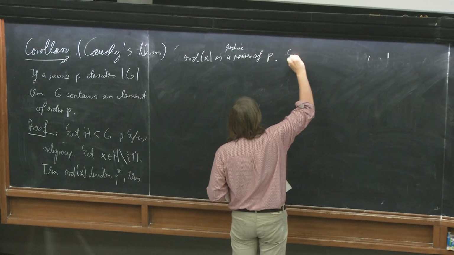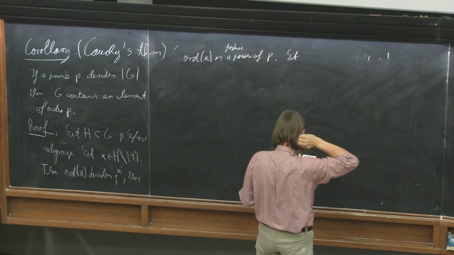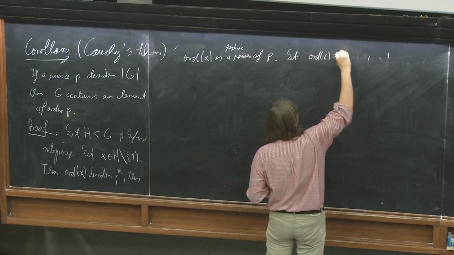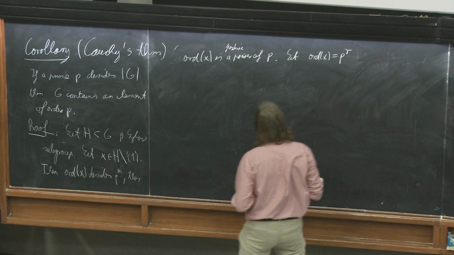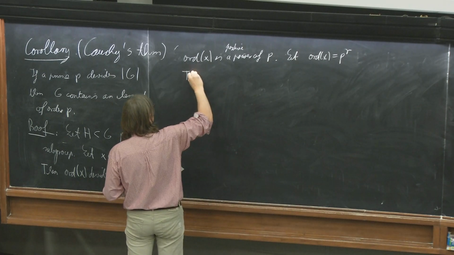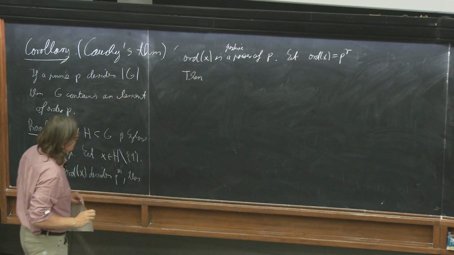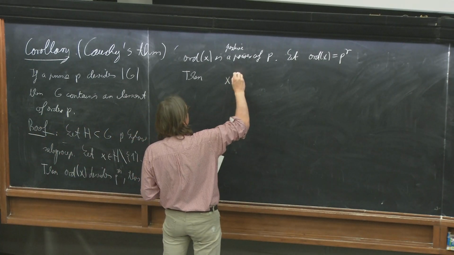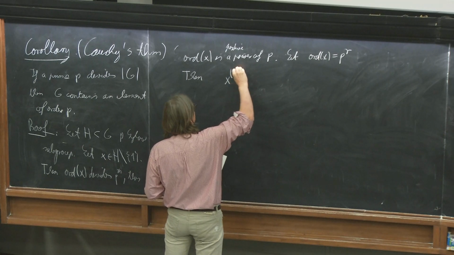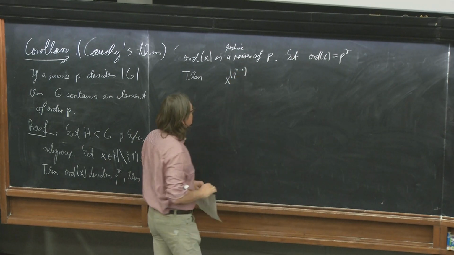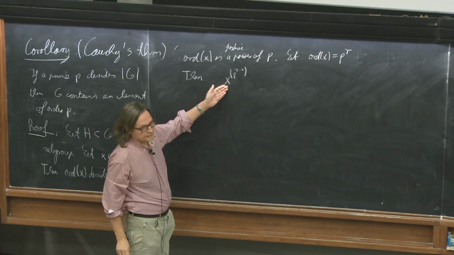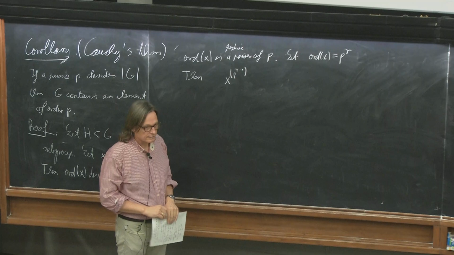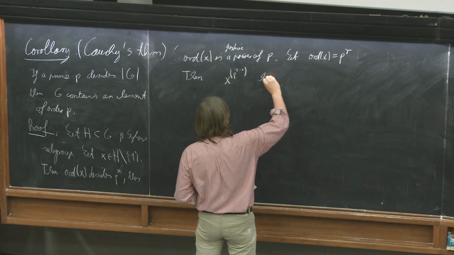So let the order of x equal p to the r. Then if I just take x to the power p to the r minus 1, this is obviously not 1, but if I take it to the power p, this will be precisely 1, so it has order p.